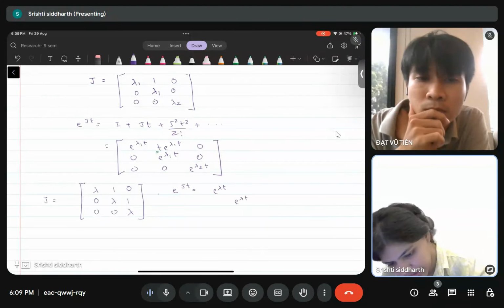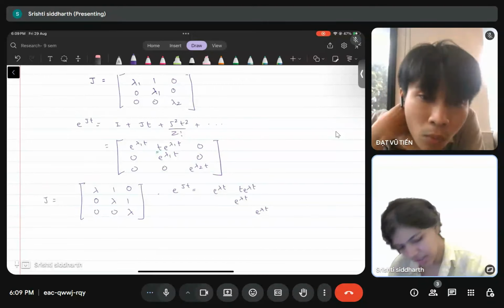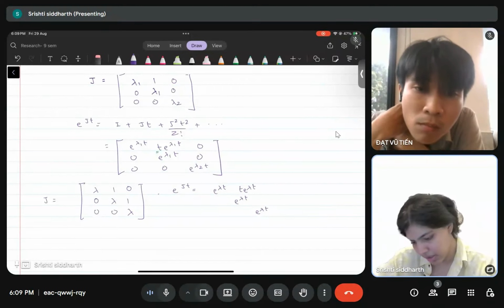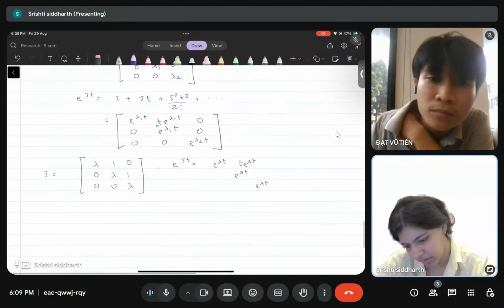So this remains the same. This becomes t e to the power lambda t, which is actually, is it t square?